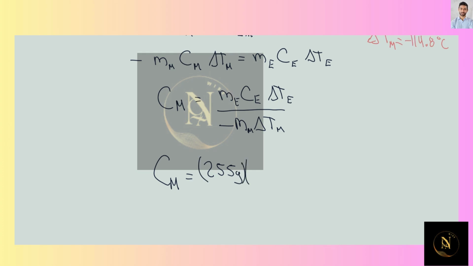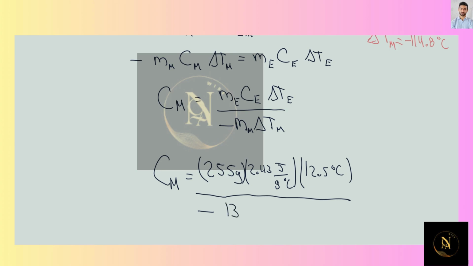Heat capacity is equal to 2.43 joules per gram degree Celsius times delta T for ethylene glycol, 12.5 degrees Celsius, divided by minus mass of the metal, 135 grams, times delta T for the metal, that is minus 114.8 degrees Celsius.